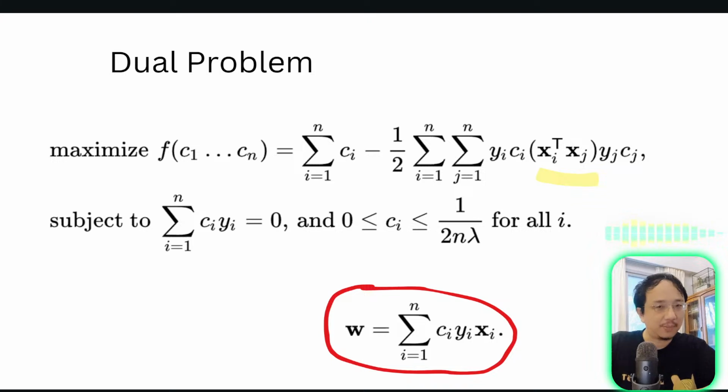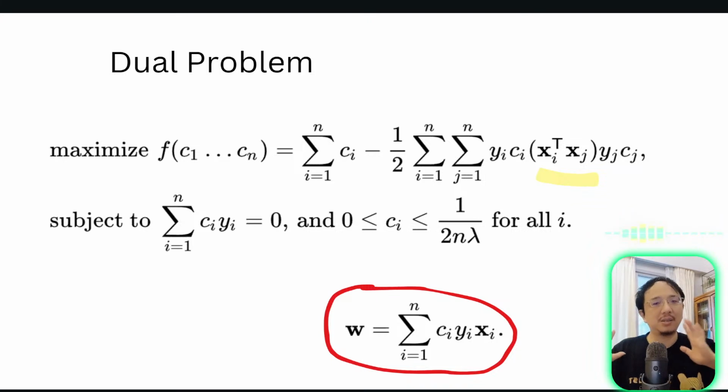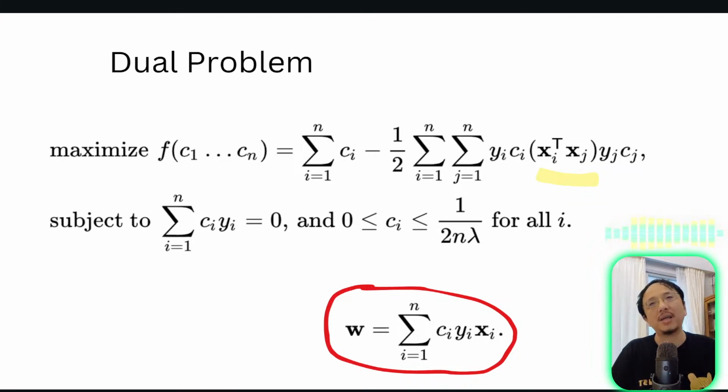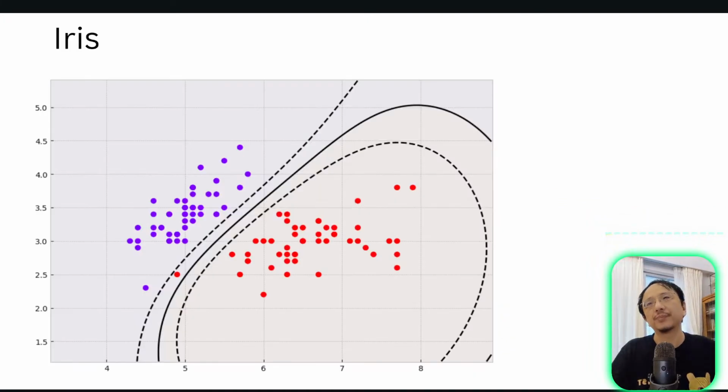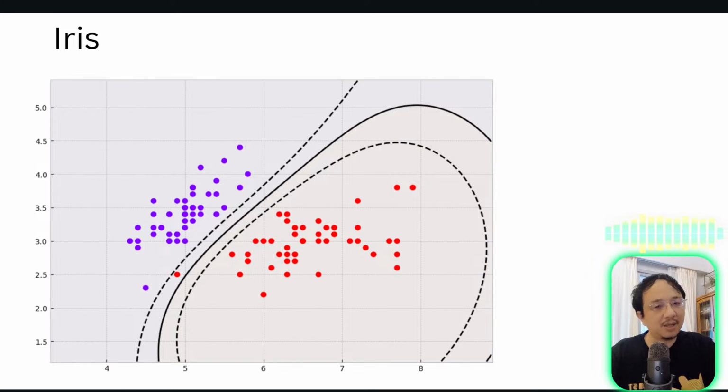But right now, let's deal with another issue, that is nonlinearity. And in fact, the kernel method and the kernel trick is a way to deal with nonlinearity. So this is the support vector machine applied on the iris dataset.